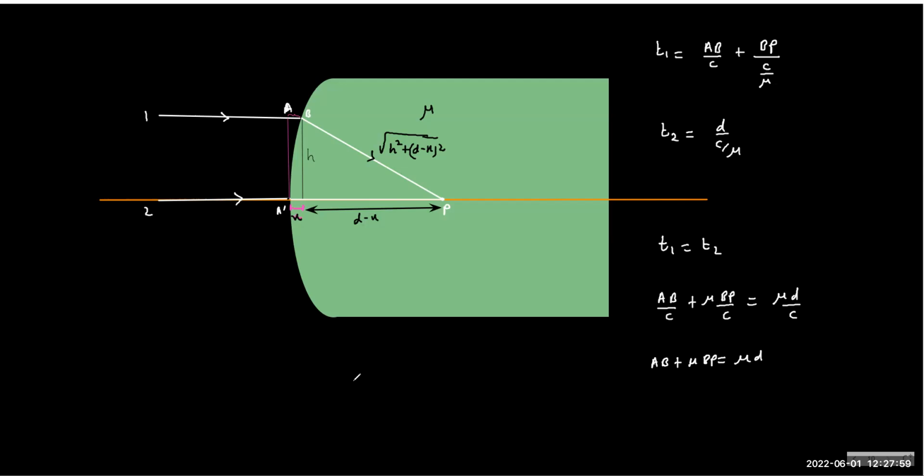And then AB, how much is it? X plus mu under root of.